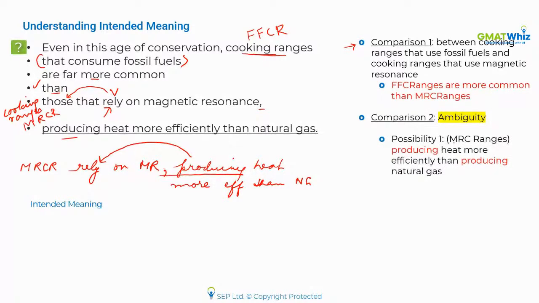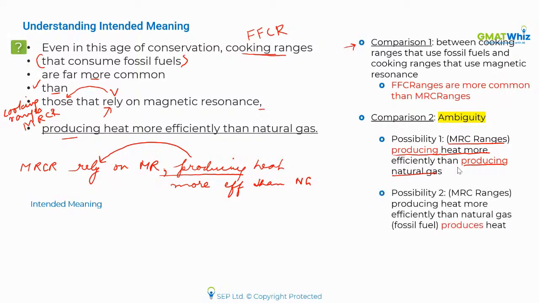One, magnetic resonance cooking ranges producing heat more efficiently than producing natural gas. So it sounds as if the magnetic resonance cooking ranges are producing two things, the heat and the natural gas, and they're producing heat more efficiently. The other possibility is magnetic resonance cooking ranges producing heat more efficiently than natural gas.